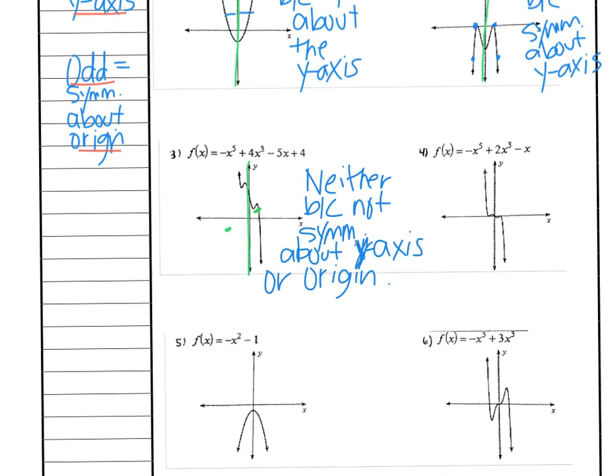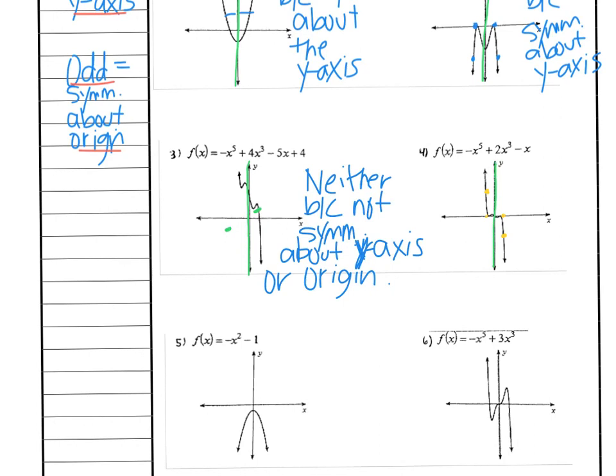Okay, number 4, we are looking at it and maybe you're like, it's definitely not symmetrical about the y-axis because it's definitely not being mirrored over the y-axis. But we need to check to see if it is symmetrical about the origin. So if I look, I see on the left side it goes down, up, and then back down. I'm going to erase that because that's ugly. But if you look at this point at the top, it looks like it's about the same number of units over there. And if I were to go from the origin over and down to this point, does it look like if I went left and up to that point that it would match up?